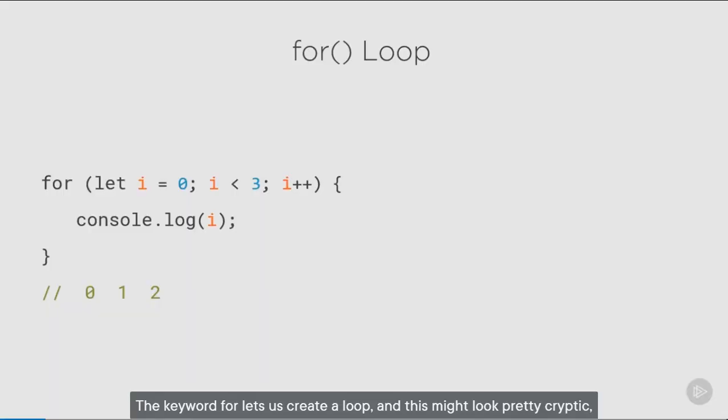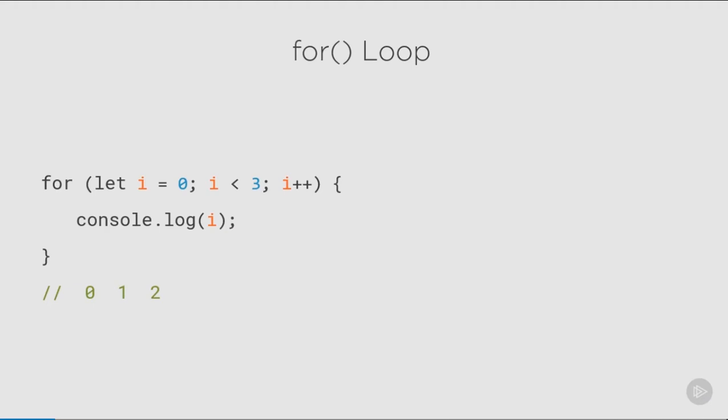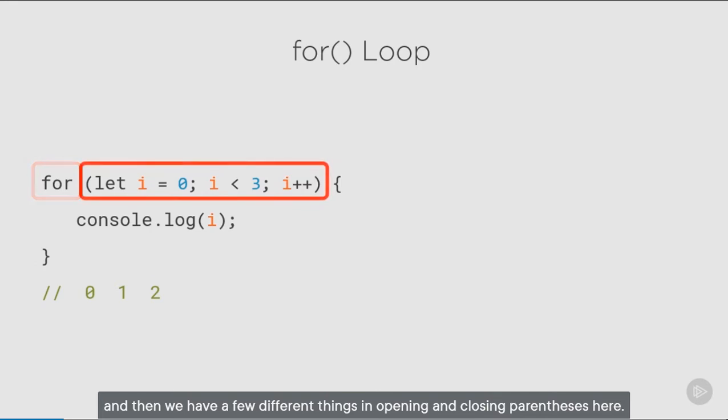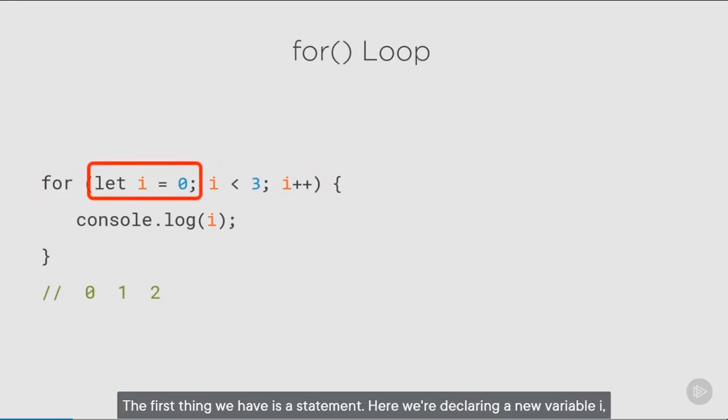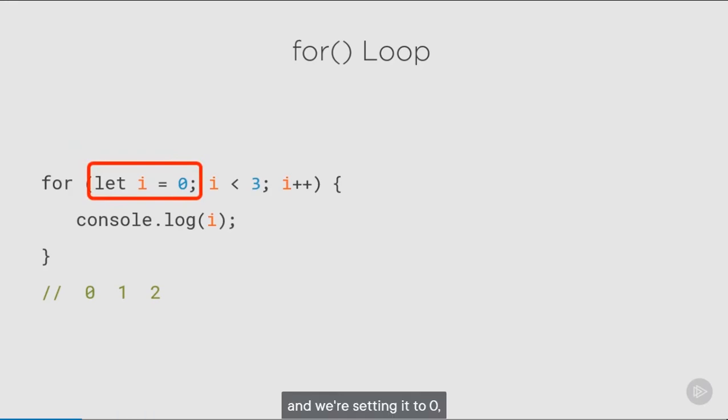The keyword for lets us create a loop. And this might look pretty cryptic, but let's break it apart. We use the for keyword, and then we have a few different things in opening and closing parentheses here. The first thing we have is a statement. Here we're declaring a new variable i, and we're setting it to 0. And this is the first thing that executes in a loop.